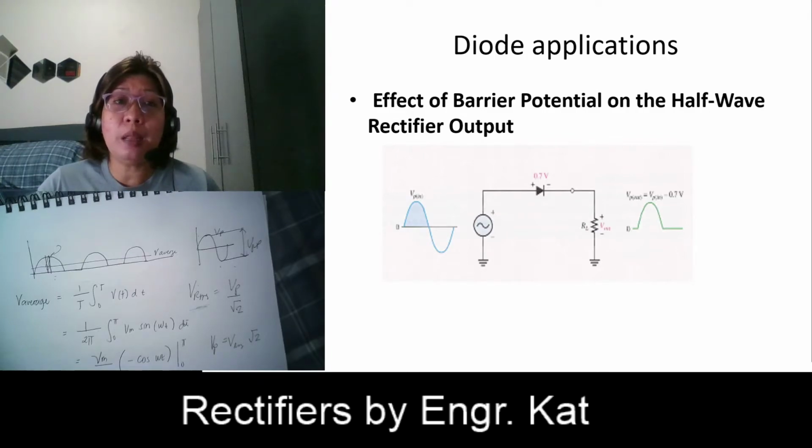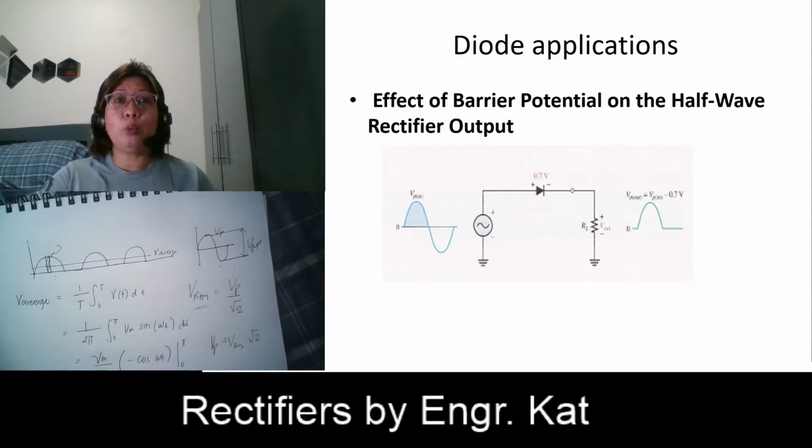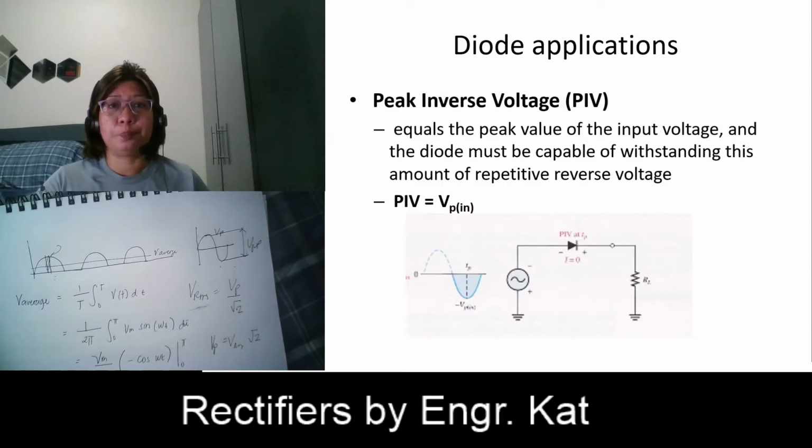So your peak input here will no longer be your output. Instead, your output will become the input peak minus 0.7, because you have a 0.7 volt drop here. So your output voltage now becomes V input minus 0.7 volts. That will be the effect of the barrier potential on your half-wave rectifier circuit.